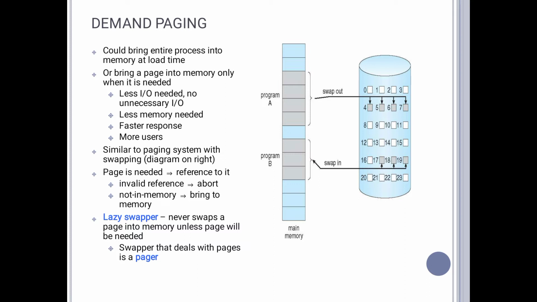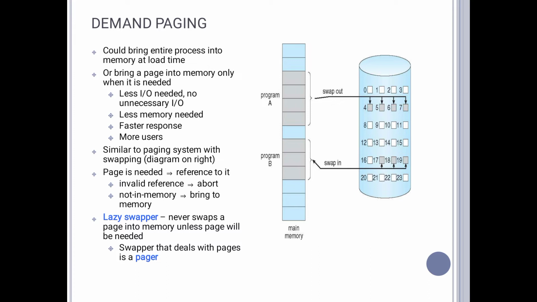However, a problem with this approach is that we may not initially need the entire program in memory. Suppose a program starts with a list of available options from which the user is to select. Loading the entire program into memory results in loading the executable code for all options, regardless of whether an option is ultimately selected by the user or not.